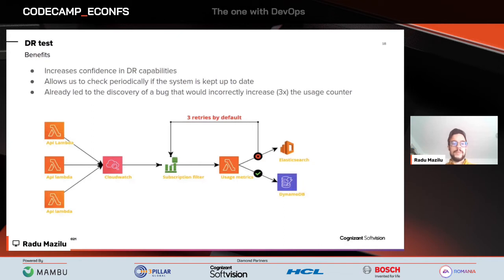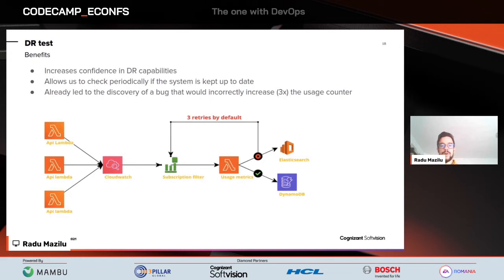So in order to be able to explain this bug, I need to present just a bit how our system works. This is the component that actually counts the requests. The API Lambdas write logs to CloudWatch. From CloudWatch, we have a subscription filter.